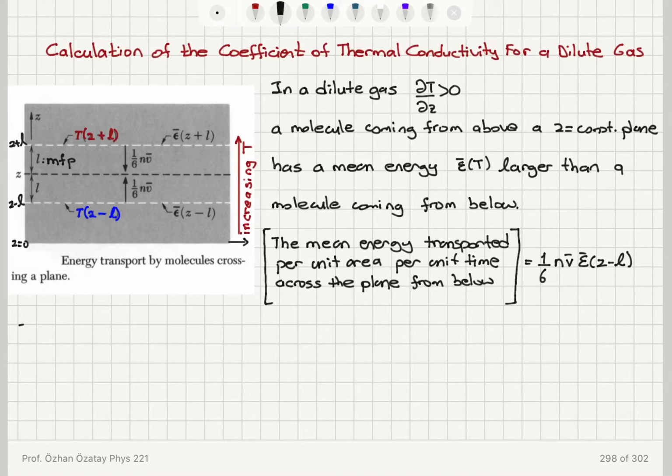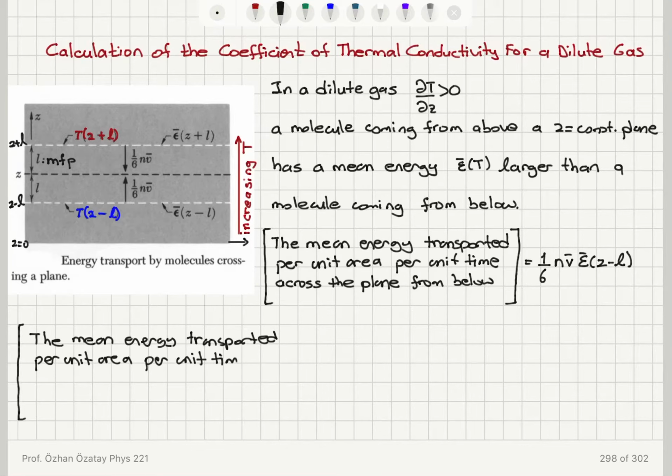And similarly, we can talk about the mean energy once again that is transported per unit area per unit time, that is due to the motion of molecules that are approaching the plane from above.